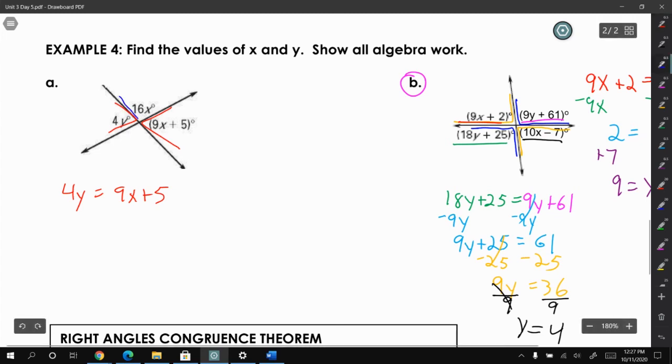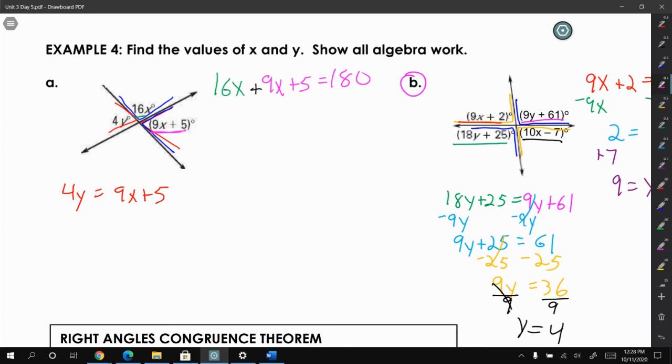Well, these two angles here form a linear pair, so you would have to add these angles up and set them equal to 180, because they form a linear pair. So that's my hint. And then once you find x, you can plug it into the second equation. So pause the video and try these two problems. And once you're done, unpause it, and we can see what you got.